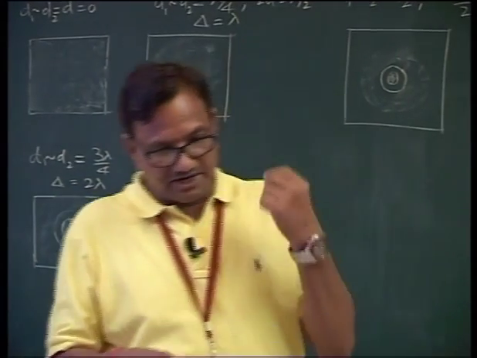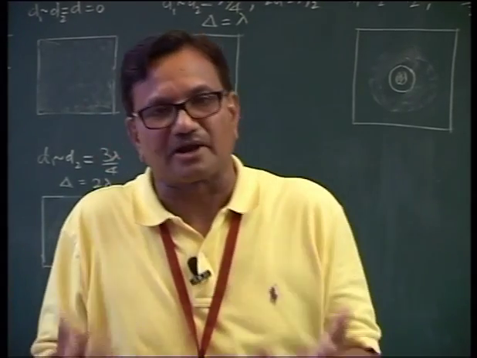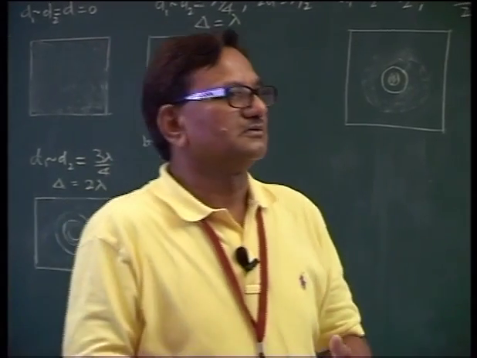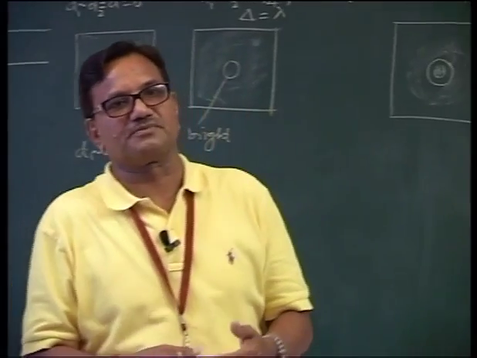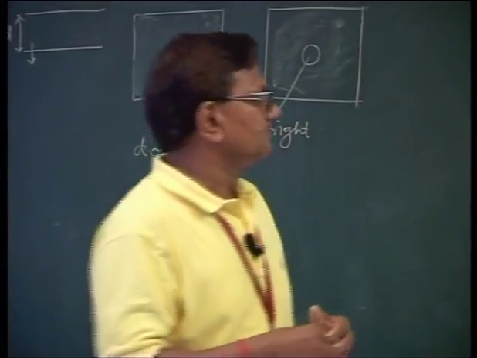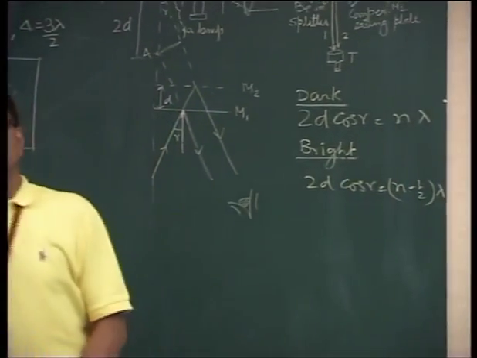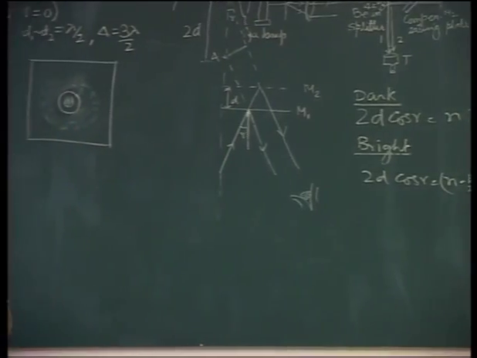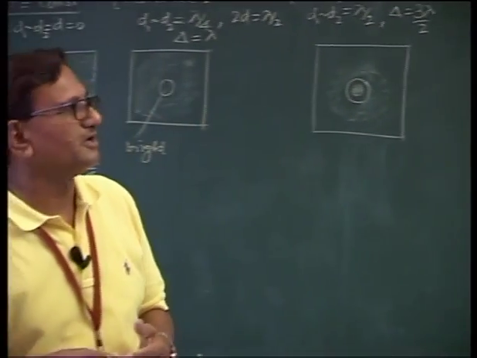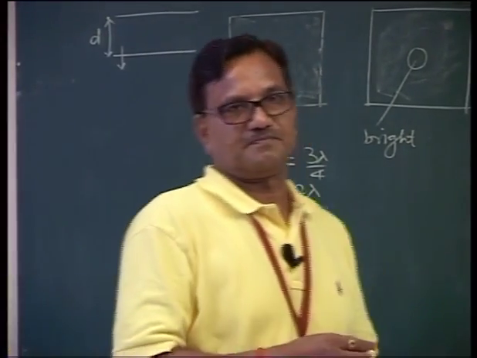Since the order of the ring at the center is not known, this formula 2d cos r equals n lambda will not serve the purpose for experimental measurement. We have to work out a formula which can be used practically.